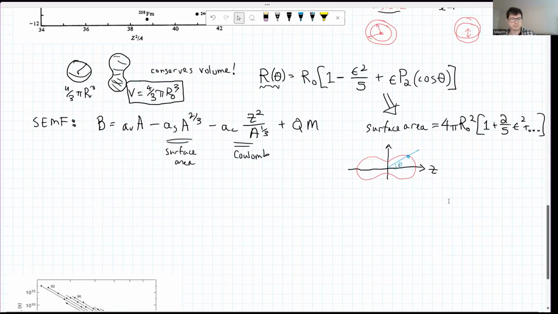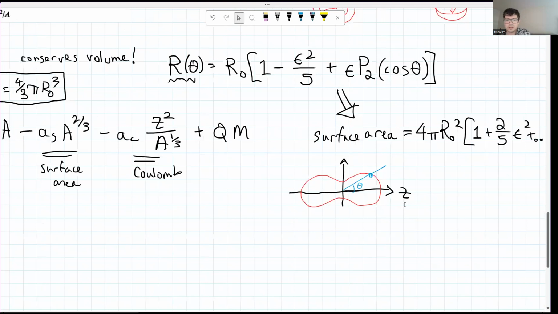And then you have this distance right here. And we know that this guy right here, that's just r theta. And so this distance right here is r theta sine theta, right?